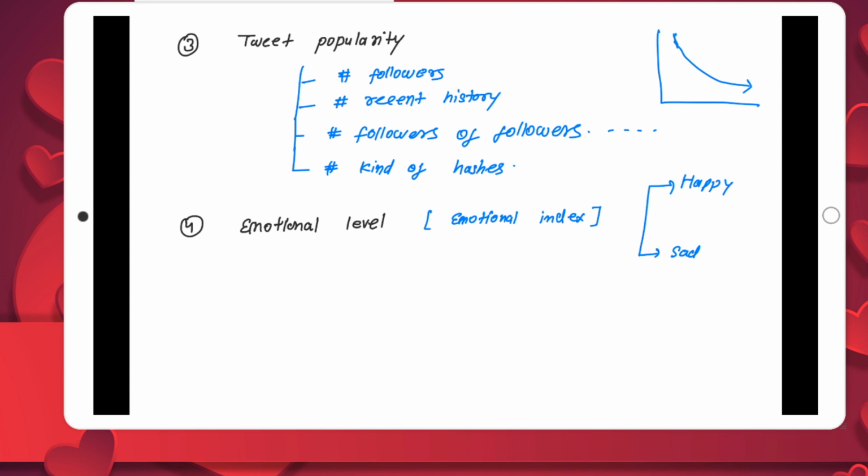But when I say emotional level or emotional indexing, then it's a kind of continuous value. Let's say the person is happy, then there will be their happiness level, let's say 1.1, 2.3 or 0.1, something like that. All right.